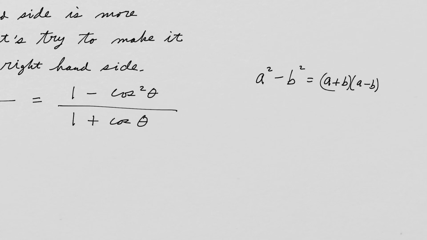If we were to FOIL this back out, you're going to find that you're just going to get a squared minus b squared. So it factors into a plus b times a minus b. Do you guys see that? So think of 1 as 1 squared, and then this is minus cosine of theta squared. So it's like a squared minus b squared, right? That we have that form on the left-hand side there.